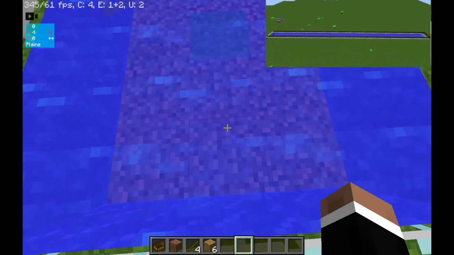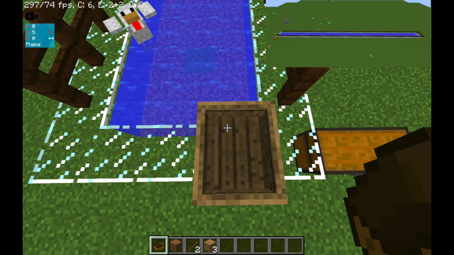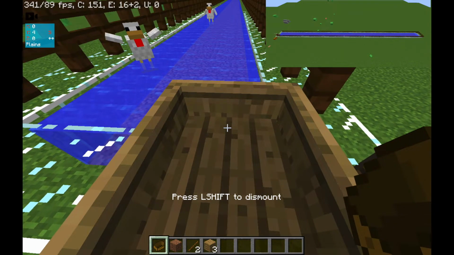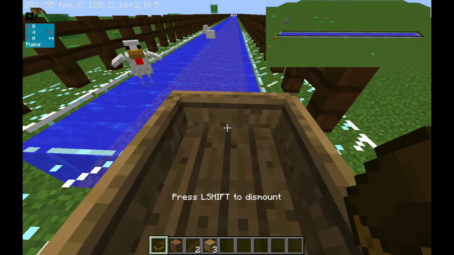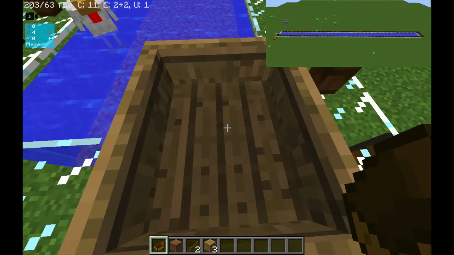So in this example, our speed would be 100 blocks divided by the amount of time we took, which I'll put up on the screen because I don't really know at the moment, and then velocity would just be 0 because we ended up back where we started.